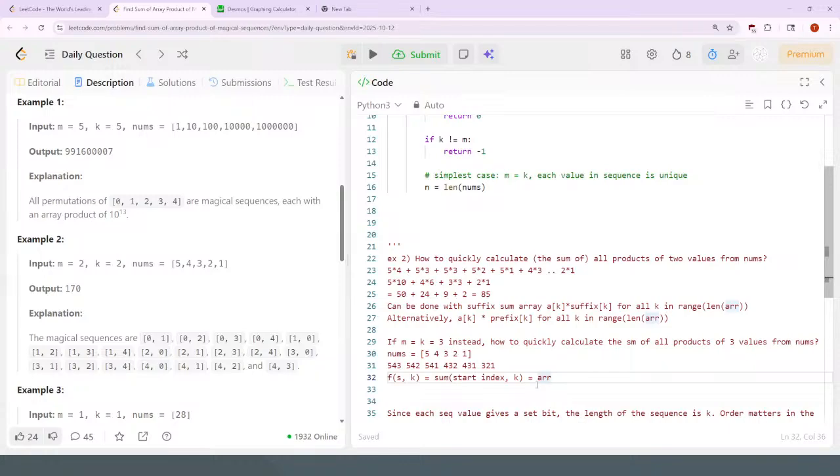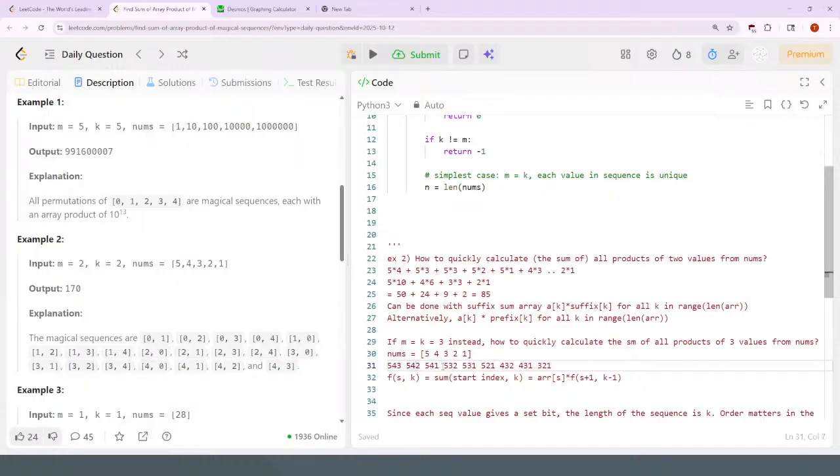It's going to be the array at s times f of s plus 1, k minus 1. So you move down the chain. That would give you 5 4 3, 5 4 2, 5 4 1, 5 3 2, 5 3 1, 5 2 1.